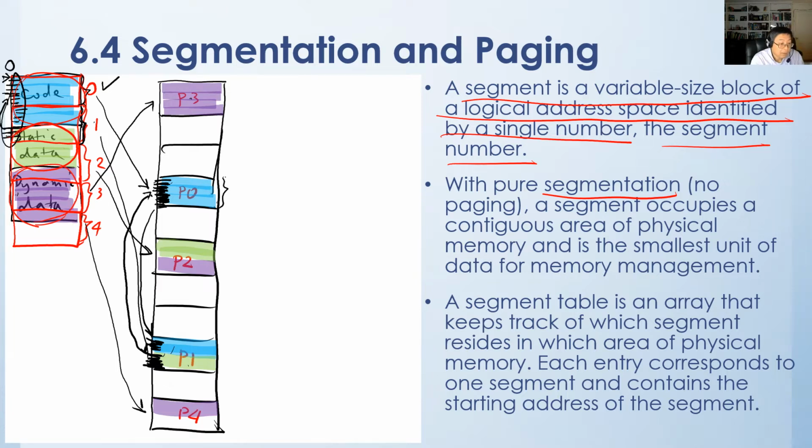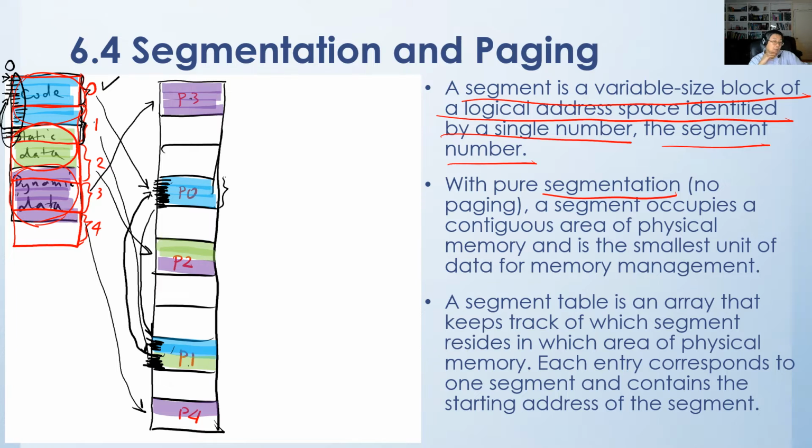So then I can put together all the code in the same physical location in the memory, put all the static data in the same physical location. Or even in the code, you may have a couple of subroutines, functions. I can put one function in the same memory location, another function in another physical location.